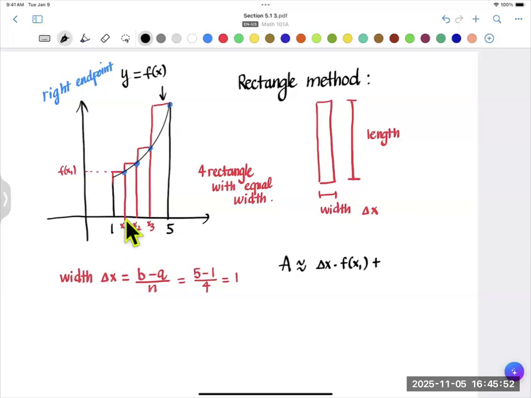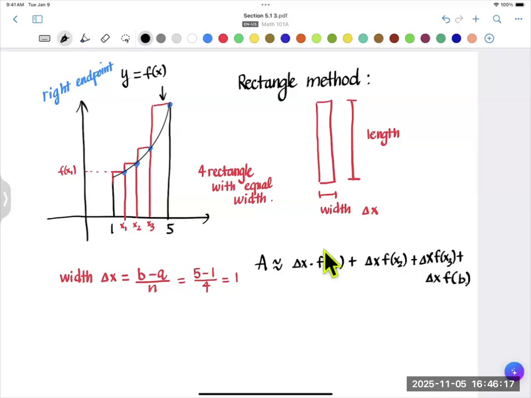Because all the widths are the same, so I'm going to call it delta x, and then f of x2. The second height is f of x2, and then we continue to do that for the third one and the fourth one. The third one is delta x, f of x3, and then plus delta x, f of 5, which is f of b.